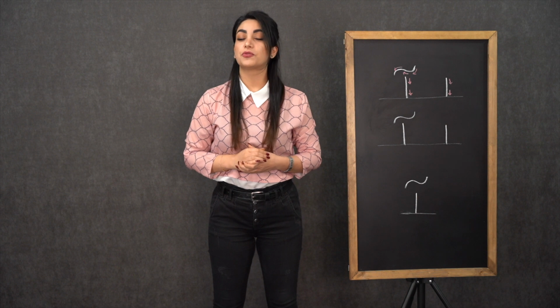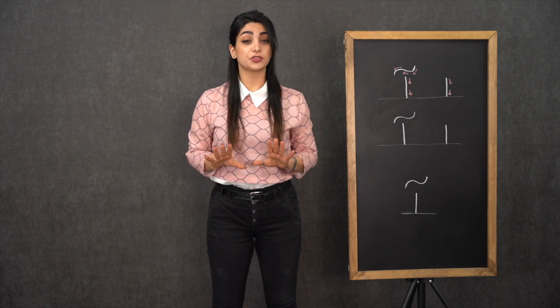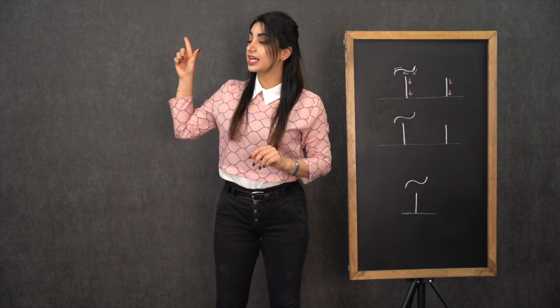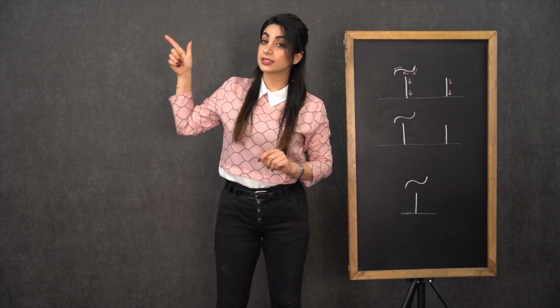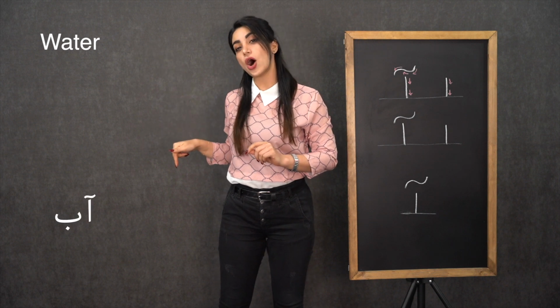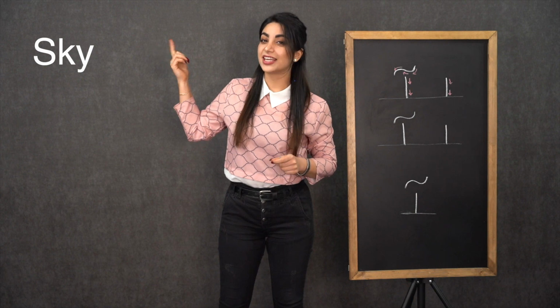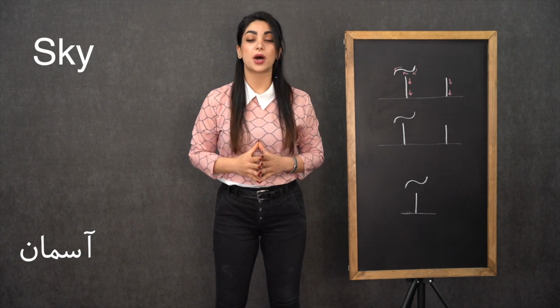For the practice for next session, in order to completely understand this session, until next time, instead of saying water, you say ab. And instead of saying sky, you say aseman.